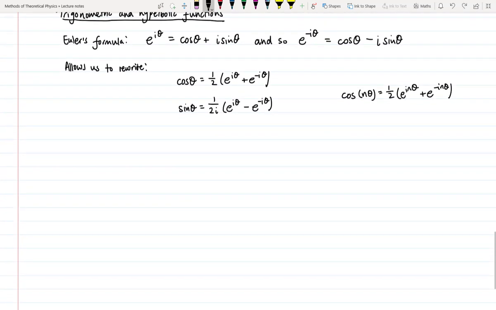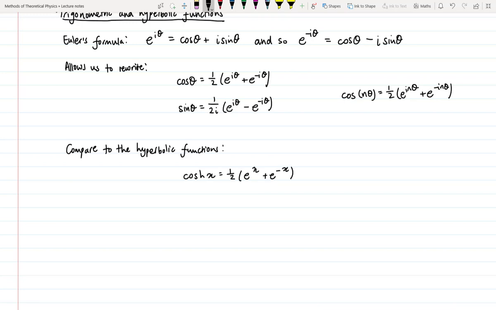We can compare these to the hyperbolic functions. The hyperbolic functions are cosh of x is a half e to the x plus e to the minus x, and sinh of x is a half e to the x minus e to the minus x.